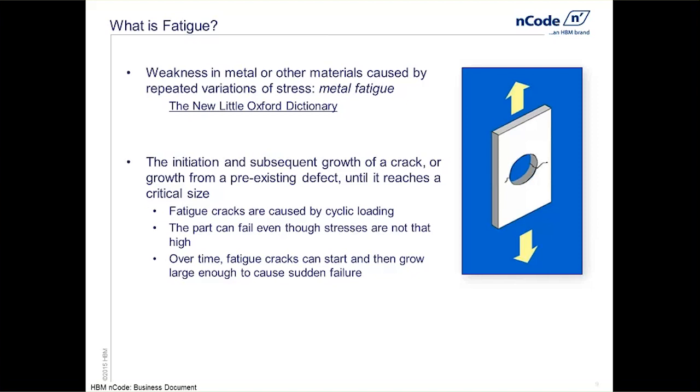The subtleness of fatigue comes in the fact that our part can fail even though the stresses aren't that high. Okay, so it's a progressive failure. It happens over a long period of time, typically, and they start to grow from very small defects in the microstructure of the material, and they then propagate into large cracks, and ultimately the entire part fails suddenly.